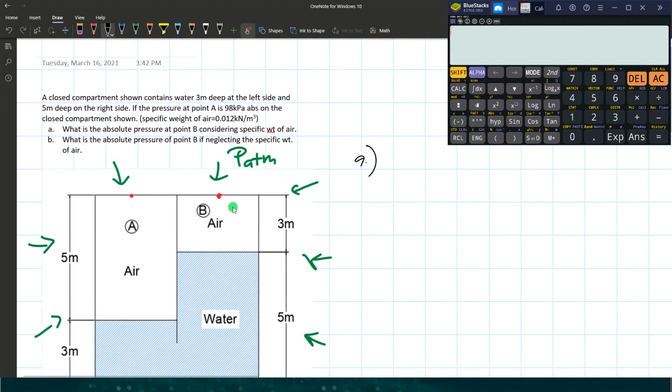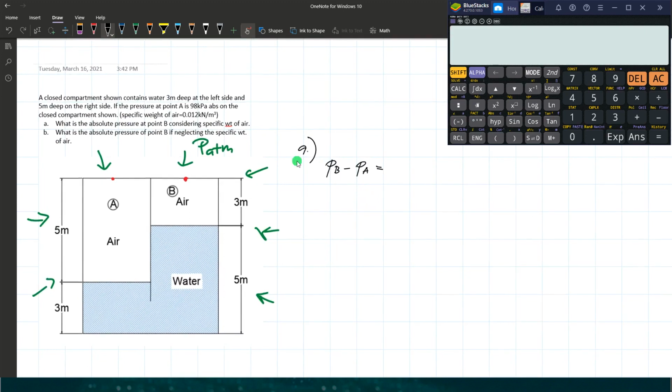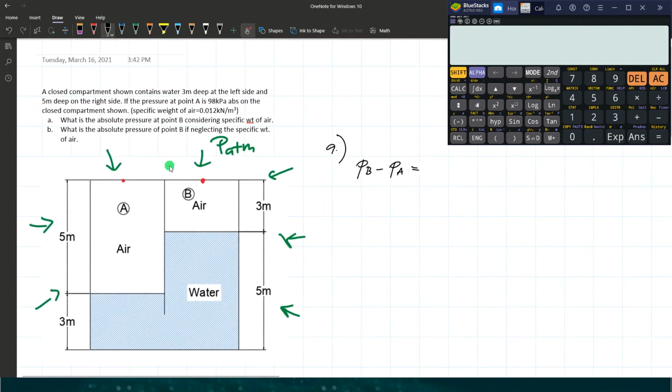So this is point A, point B. Let's determine the pressure difference from point A to point B. That is equal to the sum of the products of the unit weight of each fluid multiplied by its height. Starting at point A, we have air.